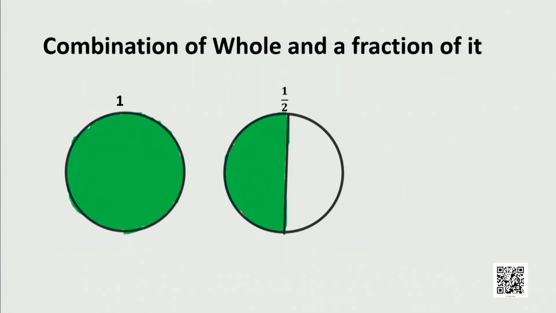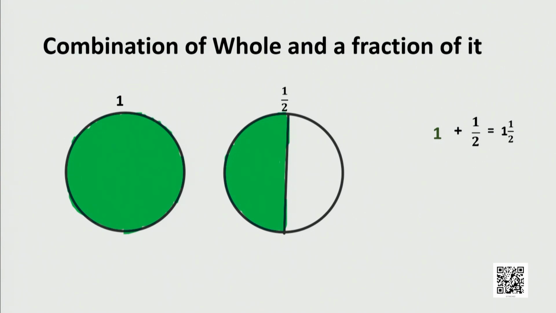Now I want to take it collectively. I want to represent what portion is colored green. So I am going to use the addition symbol, the plus symbol, for that. So 1 plus 1 over 2. But I want to represent it in some simpler form. So what simpler form am I going to use? You are going to see it. So 1 and 1 over 2.